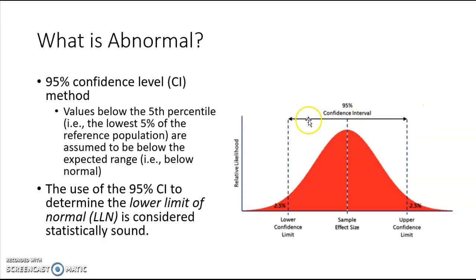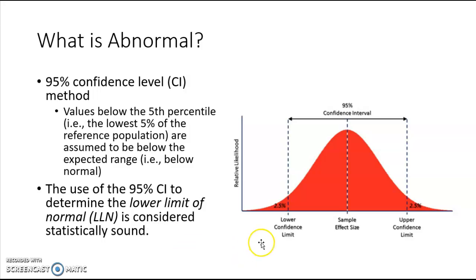Of the entire measurement group, the upper 2.5% and the lower 2.5% are the outer limits of what's considered normal. So those are abnormal. If we use the 95% confidence level to determine the lower limit of normal, that is considered to be a statistically sound method for identifying abnormal results.